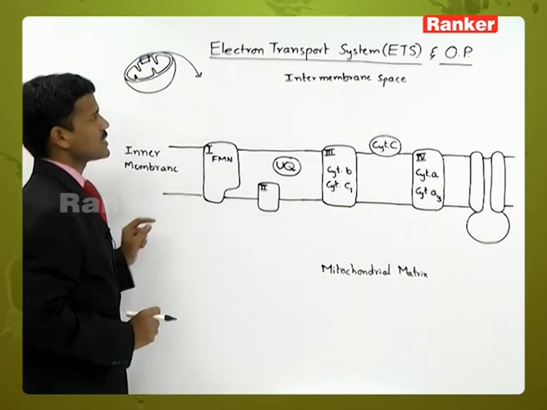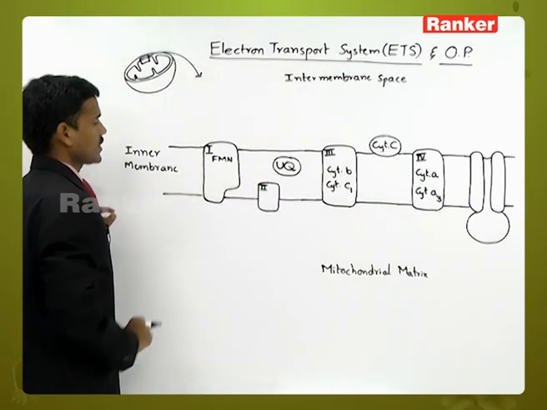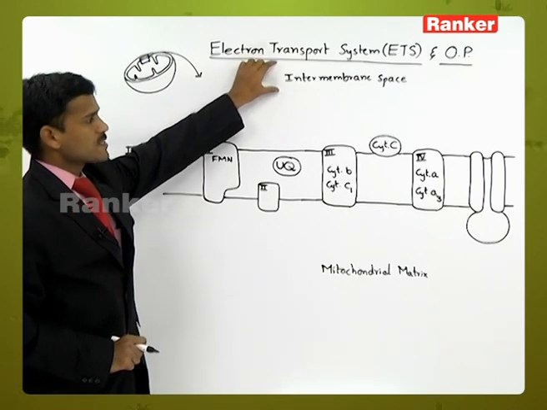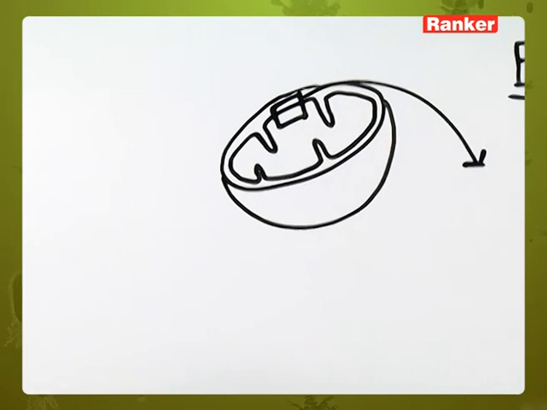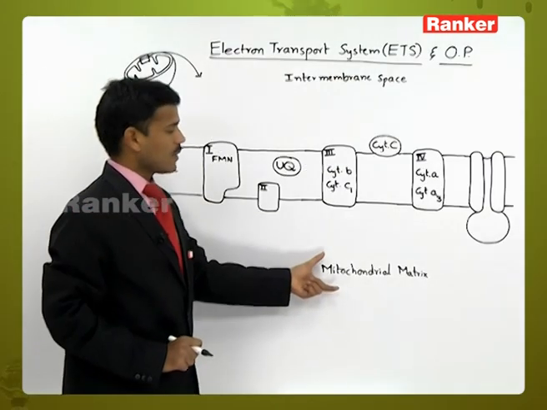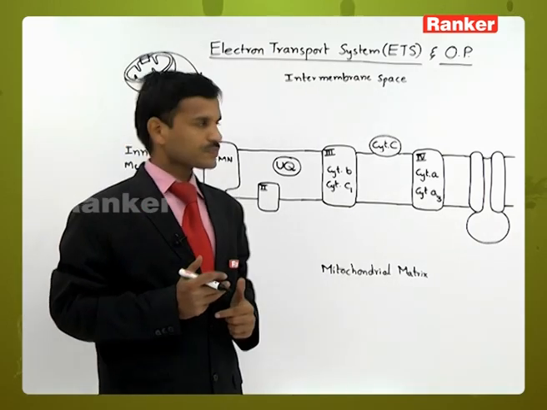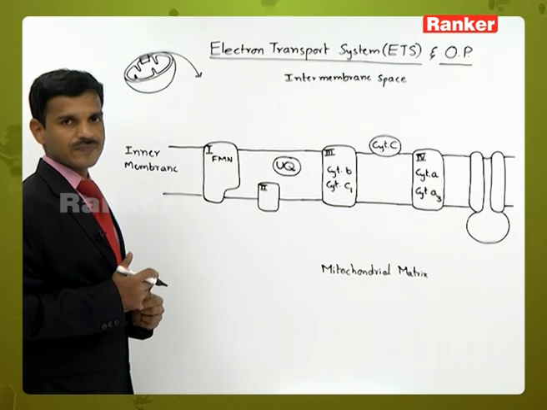So, in the three regions, the membrane, the intermembrane space and the mitochondrial matrix, electron transport and proton translocation take place.